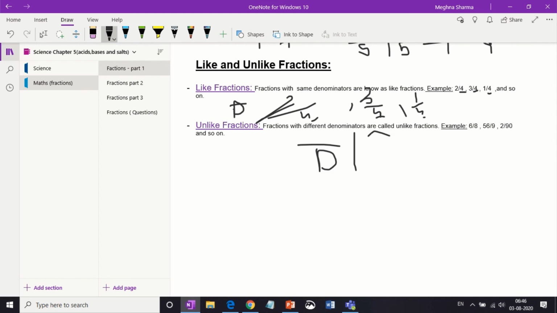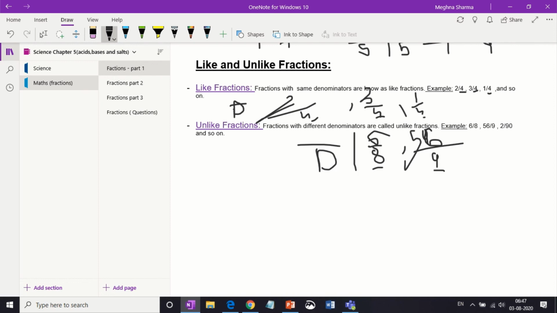Now 6 by 8. Let's see these fractions and tell whether they are unlike or like fractions. 6 by 8. Here the total number of parts, or the denominator, is 8. Next one, 56 by 9. Here the denominator is 9.